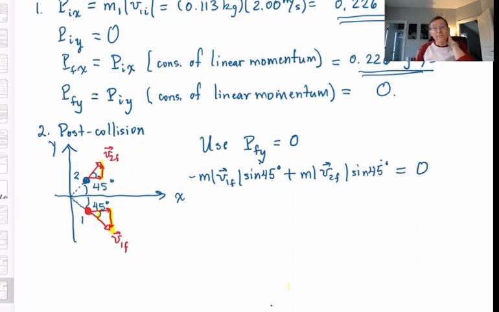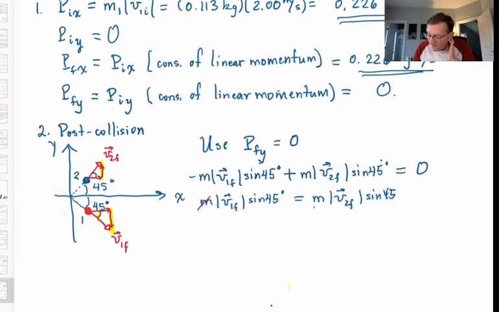What do I learn from this weird-looking equation? I can write it like this: m magnitude v1 final sine 45 must equal m magnitude v2 final sine 45. Just from algebra, I can divide both sides by m, and I can divide both sides by sine 45.